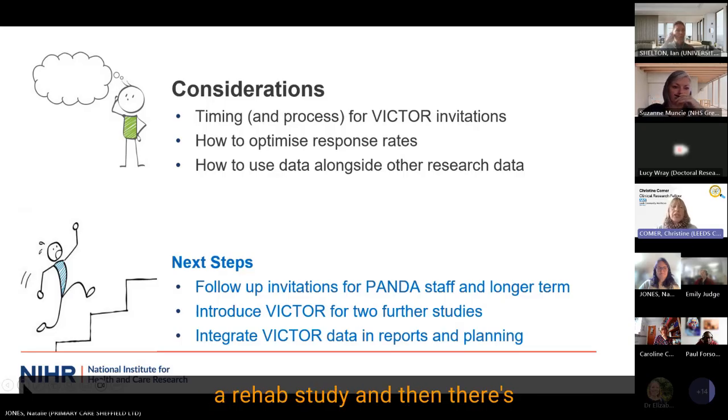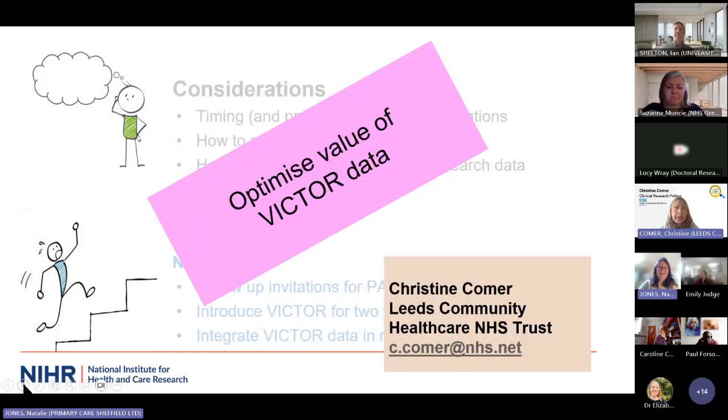One's a rehab study, and then there's a mental health study that we've just got to the end of that we're thinking would be a good one. And as I say, we're thinking about how we integrate this Victor data in our reports that go up to board level, but also in our strategic planning going forwards, how we make research accessible and a good experience for everybody. And I think it's the last slide now, please, next.